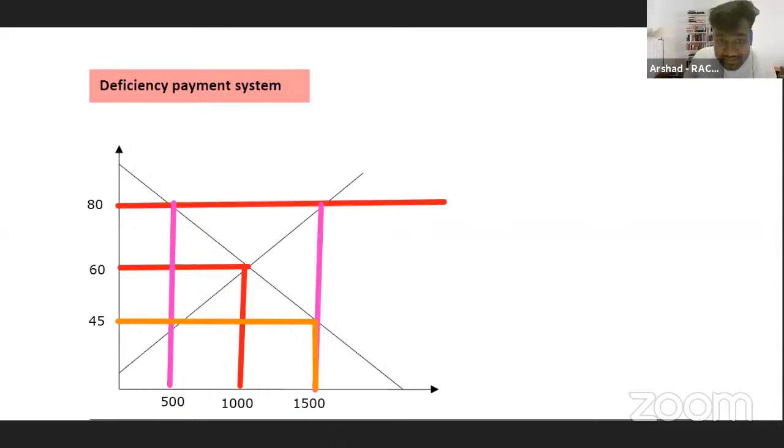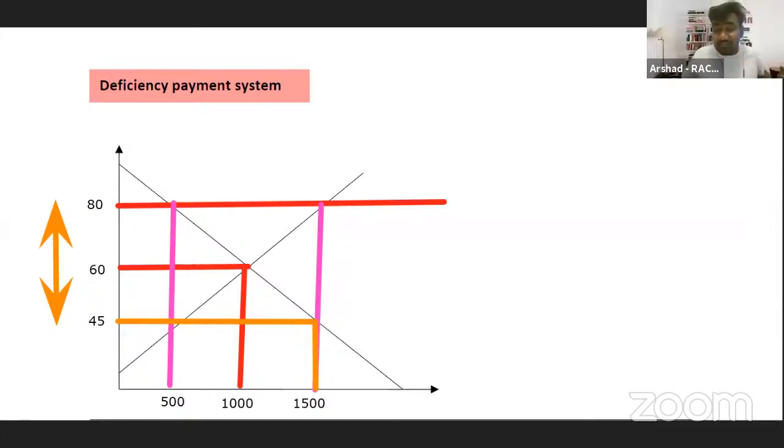So this difference, this deficient amount: the government promised 80, but to buy the 1500, the consumer is only willing to pay 45. So there is a 35 rupee deficiency. Deficient means not enough. So that amount that is in deficiency, the government will pay.